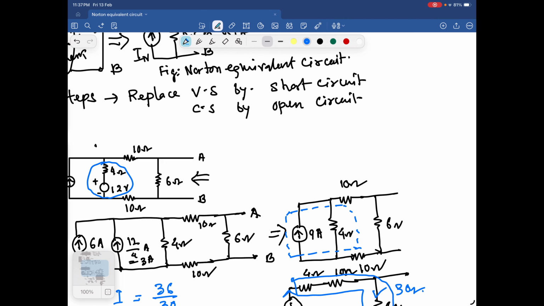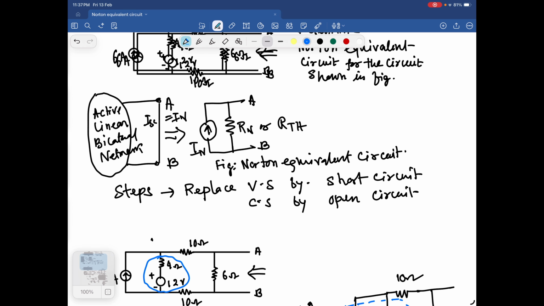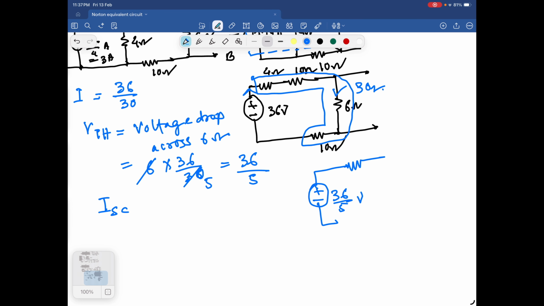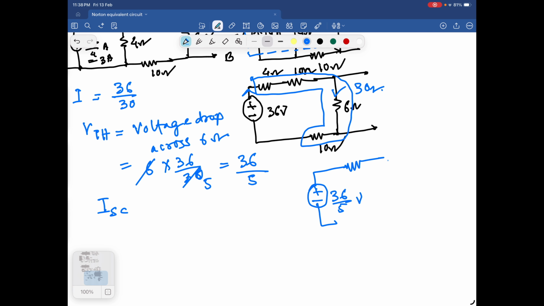The equivalent resistance is 24 by 5 ohms. See, this is your Thevenin's equivalent circuit, right?